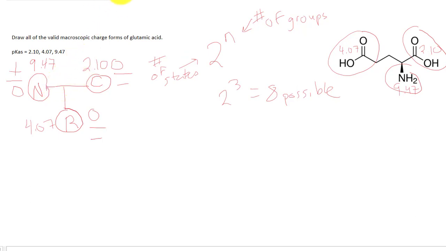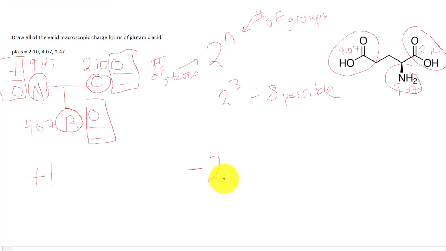So our macroscopic charge forms can actually be figured out using these ratios. Protonated states on the top, the deprotonated on the bottom. And so if we are looking at just those little cheats, no, they're not cheats, but they're handy little guides. If you look at just the top states, +1, 0, and 0, if you add those all up, you start at a +1 in the most protonated state. If we look at the bottom, it's the most deprotonated state, 0, -1, -2.